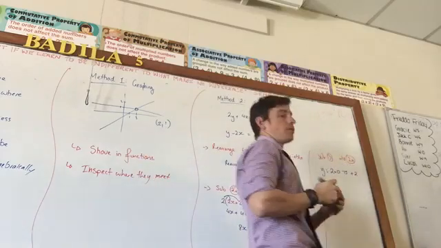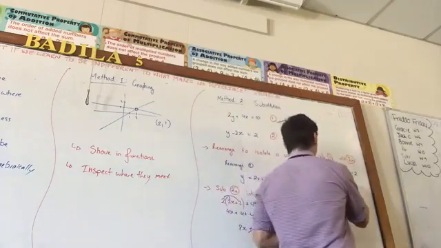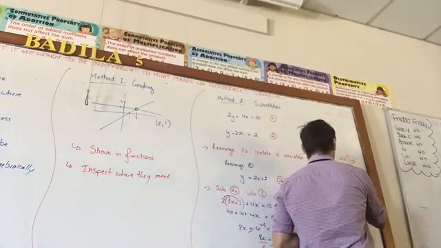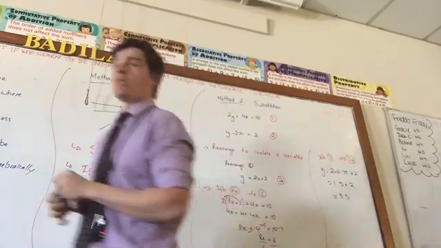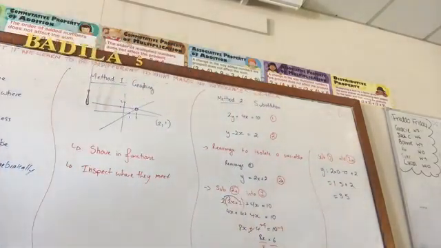What's 2 times 0.75? 1.5. Plus 2? 3.5. What's my coordinate? Y equals 3.5, x equals 0.75.